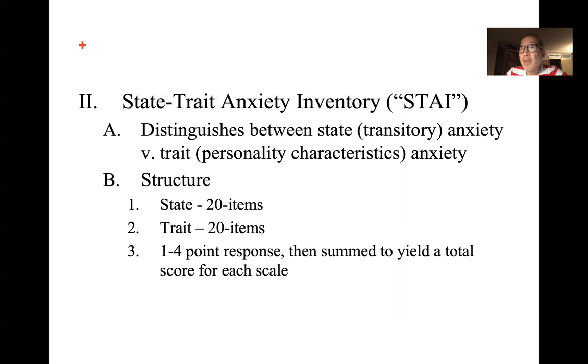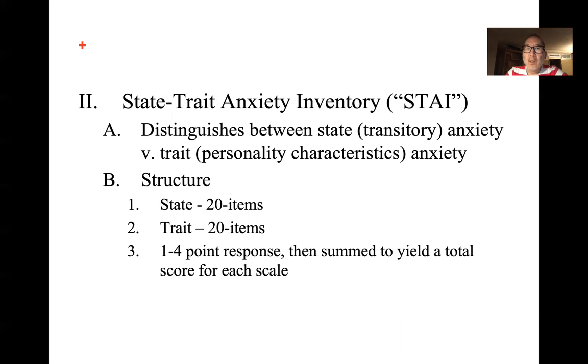Another single domain test, which is very commonly administered, is the State-Trait Anxiety Inventory. Now, besides obviously measuring anxiety, this test provides two subscores. One concerns state anxiety, and the other is trait anxiety. Okay, so to what extent anxiety is a temporary condition for you, or to what extent it's part of your personality style.